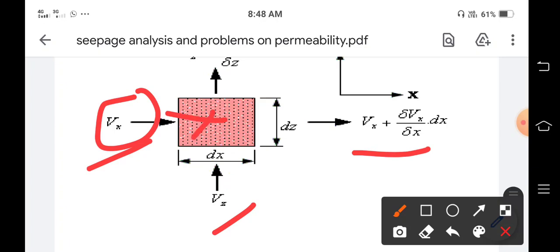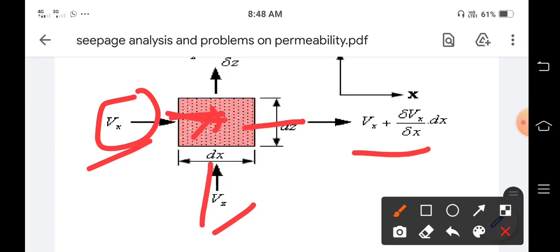So when the water enters, the velocity is Vx, and when it leaves the element, the velocity will be Vx plus (delta Vx upon delta x) into dx.